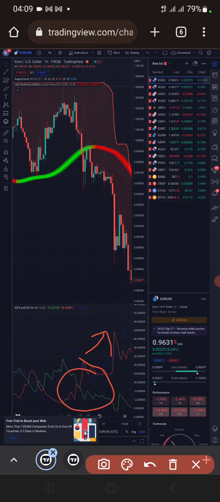Your purple line, it does not mean if it is coming down that you are in a bear market. No, it means you are in a range or a consolidation. Do you understand? Now, if your purple line over here is coming down, it means you are in a consolidation.